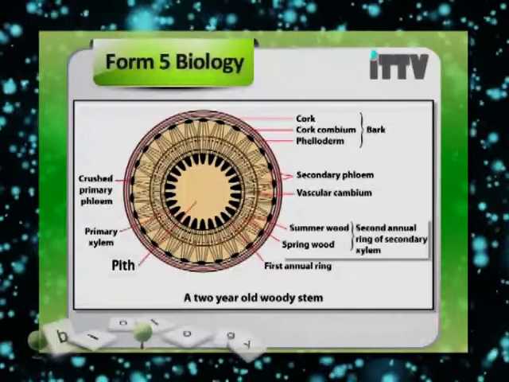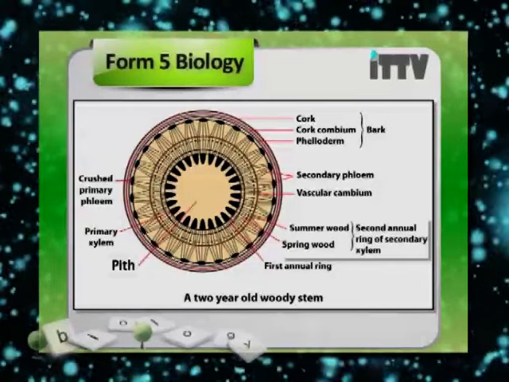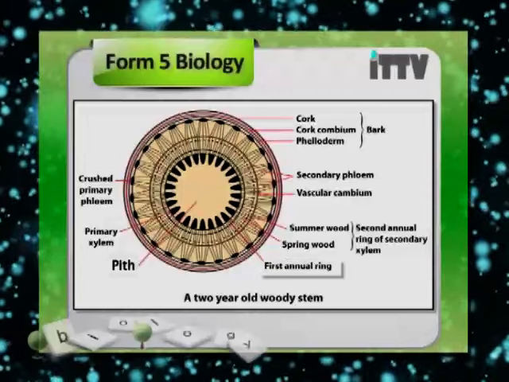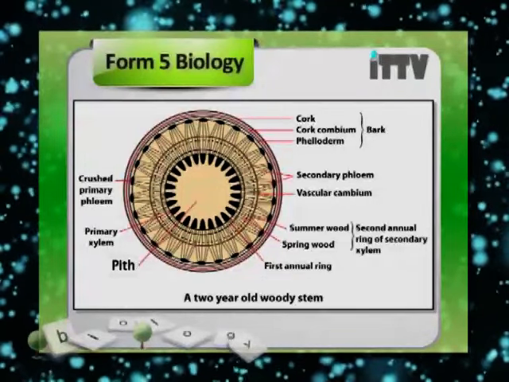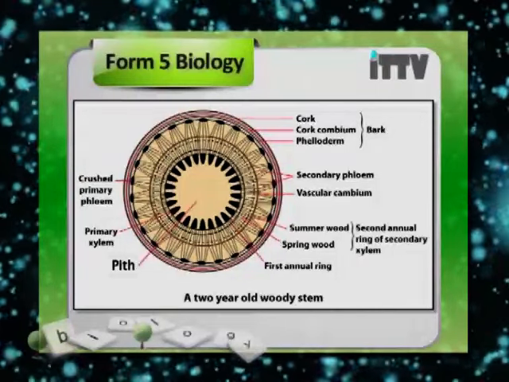Now there is summerwood and springwood, which compose the second annual ring of secondary xylem. The first annual ring is inner, and then as the tree grows another year, there is a second annual ring.